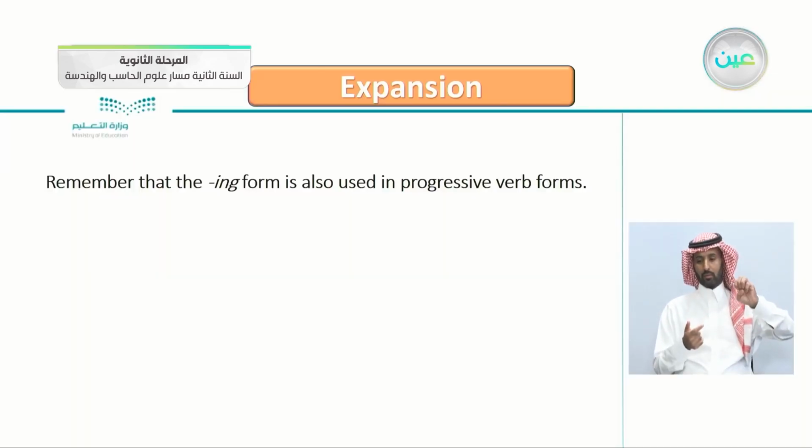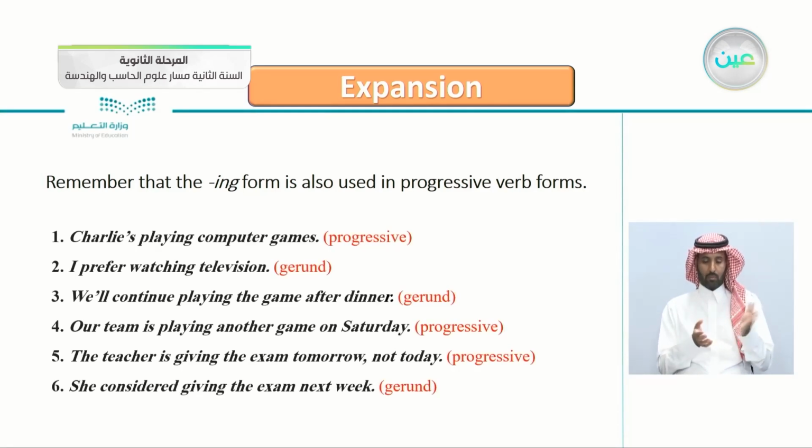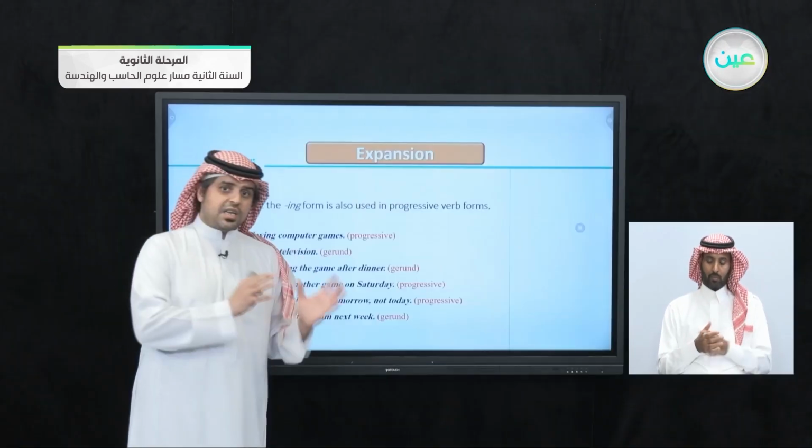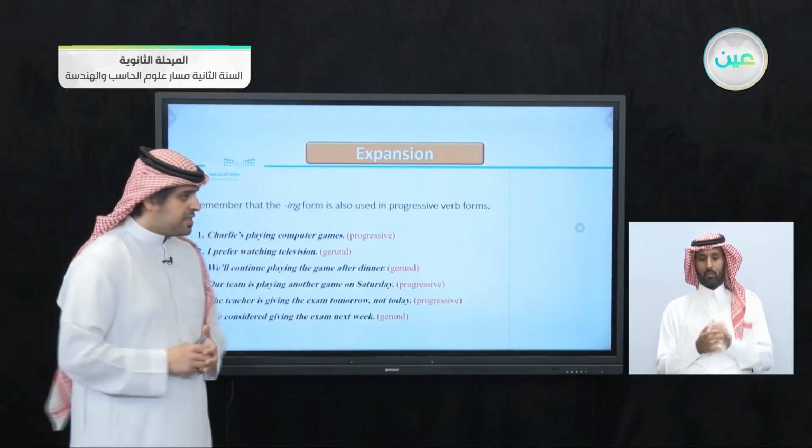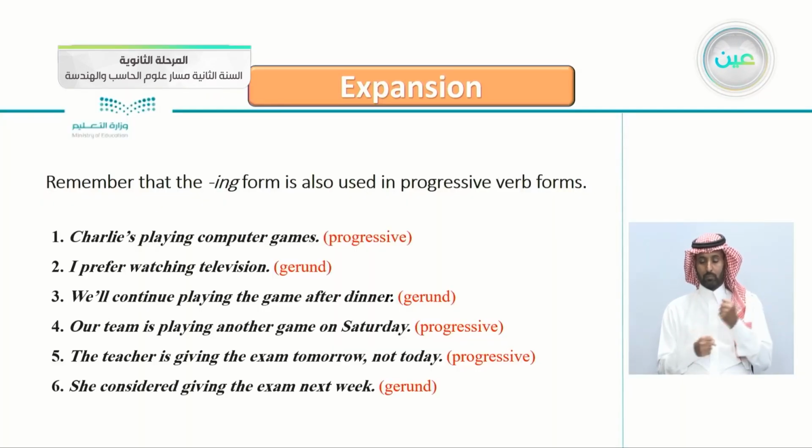And remember that the ing form is also used in progressive verb forms. Charlie is playing computer games. This is progressive. I prefer watching. This is a gerund. Try to differentiate between the gerund and the progressive. We'll continue playing the game after dinner. This is a gerund.